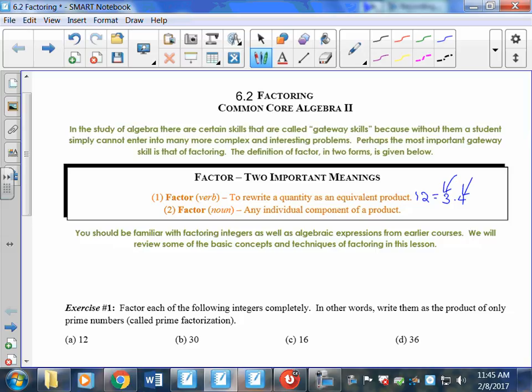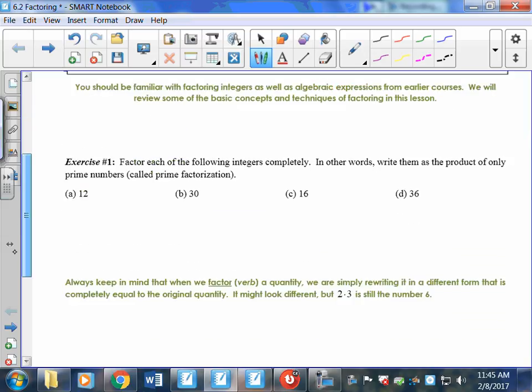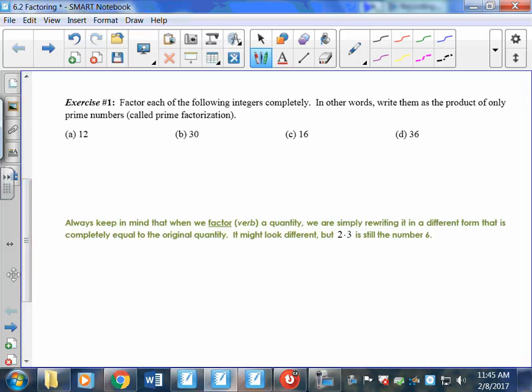So whether it's a verb or a noun, because sometimes we'll say things like, well, factor this out, and that's basically a verb, it's an action. And the other one is, what is the factor? So there's your noun. They're looking for a binomial or a number, something that's a part of the original product.